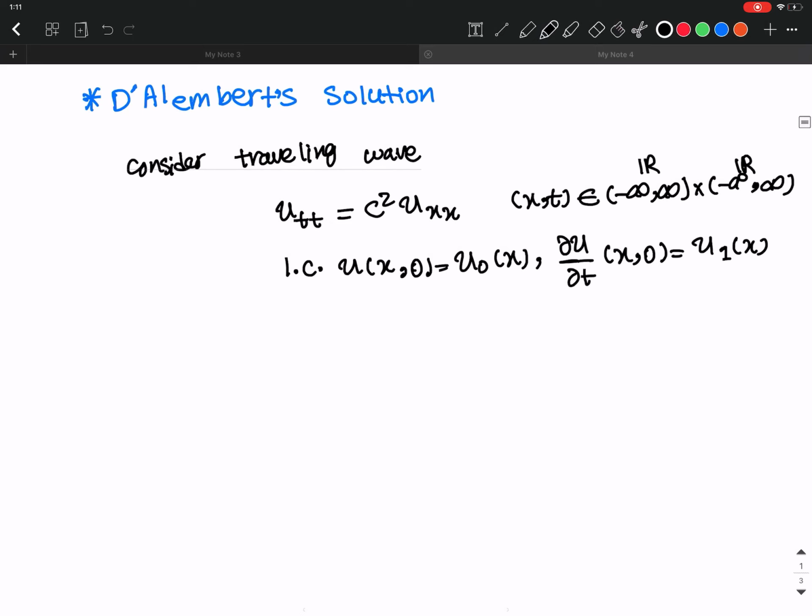Okay, so now I want to make a general claim about this traveling wave equation.